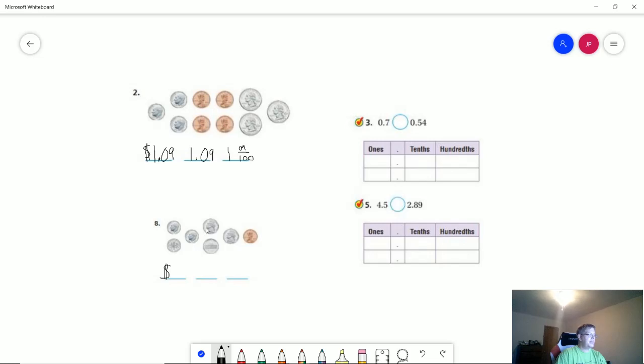I've got 3 dimes, 3 nickels, and a penny. So pause the video if you need to think about what that would equal. We're going to have 10, 20, 30, 35, 40, 45, 46 cents. So we can put a 0 here in the front.